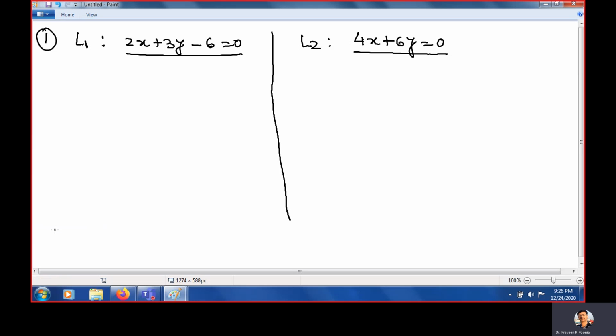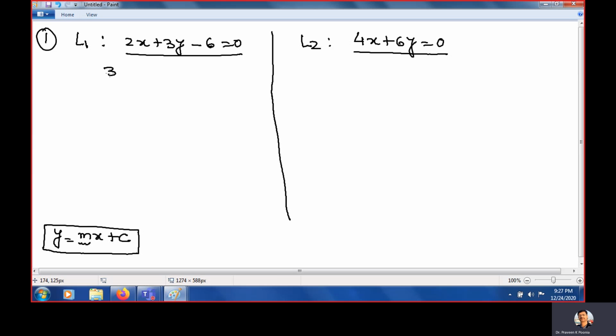If you remember, the standard equation of a straight line is y is equal to mx plus c, where m, the coefficient of x, is the slope. So we need to write the above equation in this standard form, y equal mx plus c.